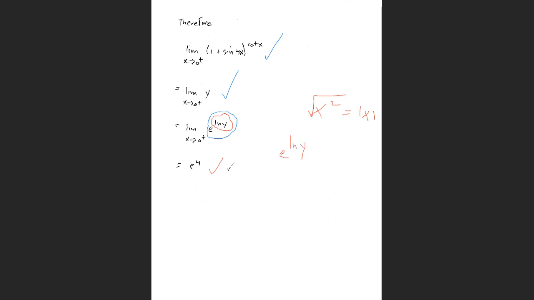So what this is here is really a composition of a function with its inverse, and that's why it equals y. How many remember maybe in pre-calculus when you take a composition of a function and its inverse, you get back the function? Okay, same kind of thing. Maria, are you a little more comfortable with that? I'm sure I will be. Thank you for that explanation. Okay. All right. E to the fourth.